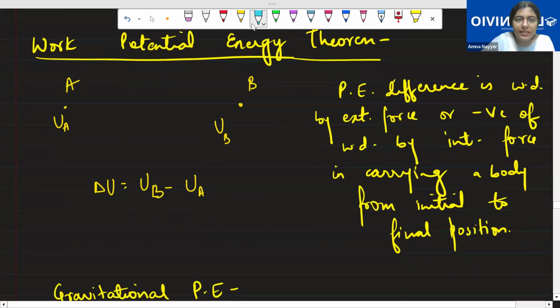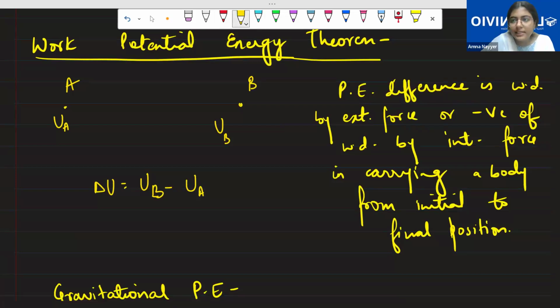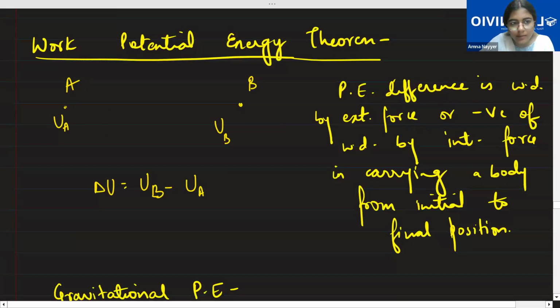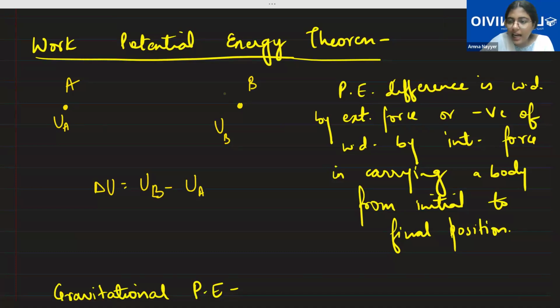See, this also means that when you have 2 points, let's say A and B. The potential energy at A is UA and potential energy at B is UB. So change in potential energy will be final minus initial, that is UB minus UA. Let's say this is the initial and this is the final.